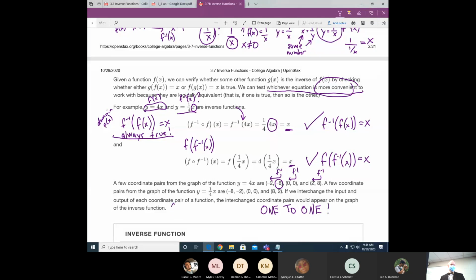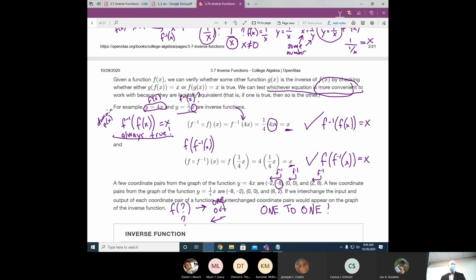If I feed it some input and I get some output, that means if I get this output, I know I get back to the original input. Got me back to there. The only way this is possible is that for every one input, I get one output.